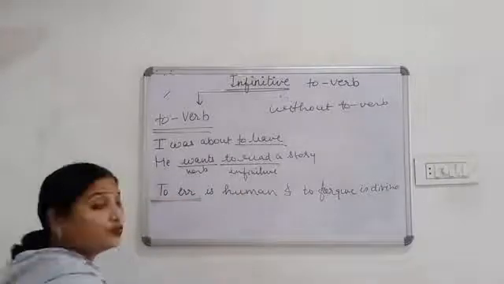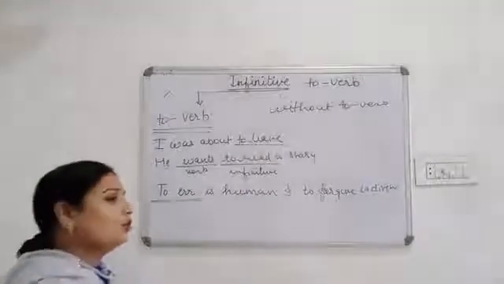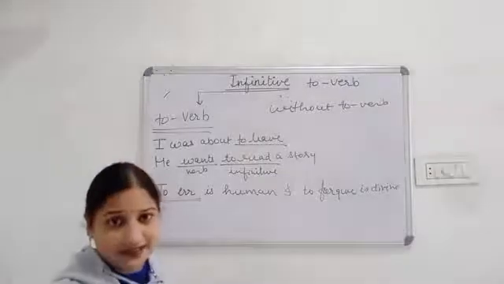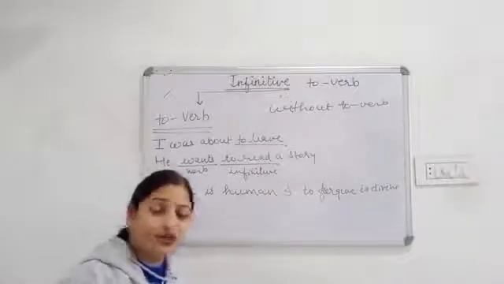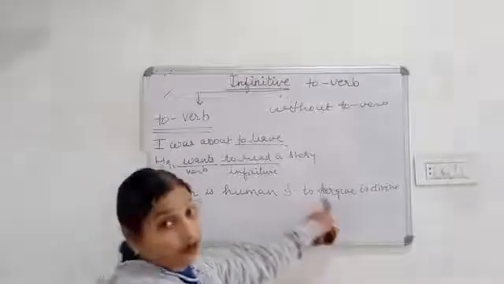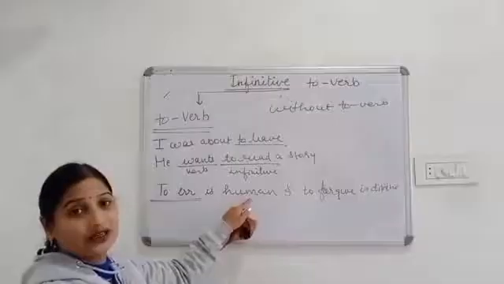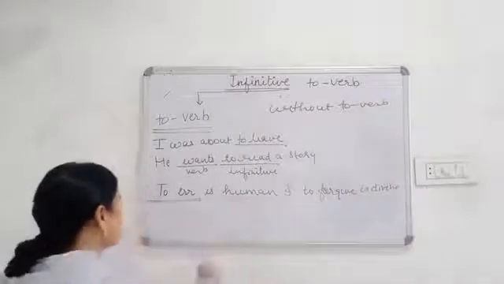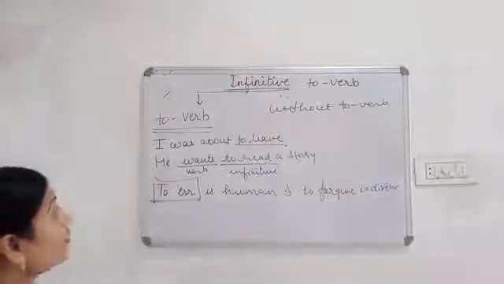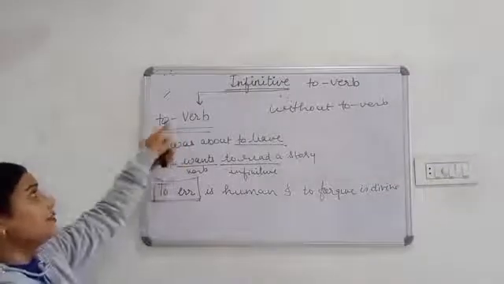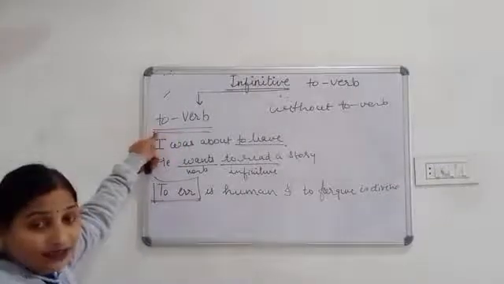The meaning of to err is one who has right to do mistakes. Like humans, they have right to do mistakes, and it is only God who always forgive us. So to err is human. It's a human nature to make mistakes. So to err will be your infinitive. So if the verb with to is there, that is called the infinitive.